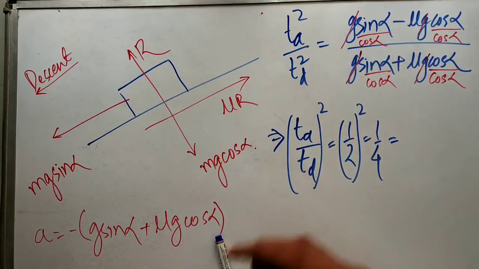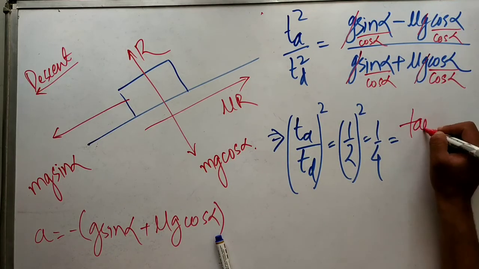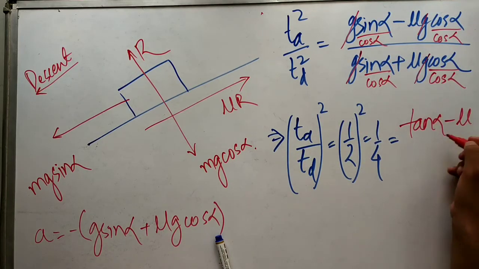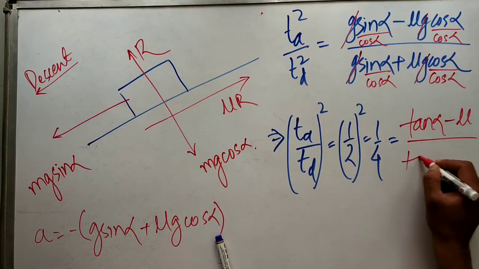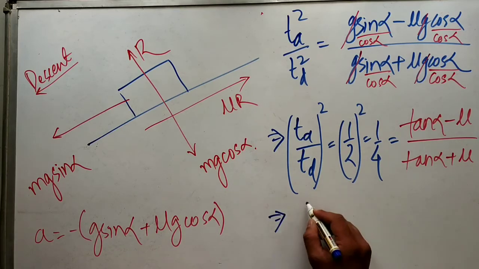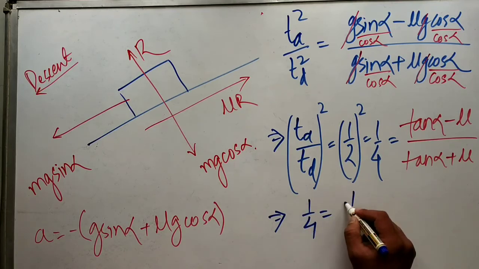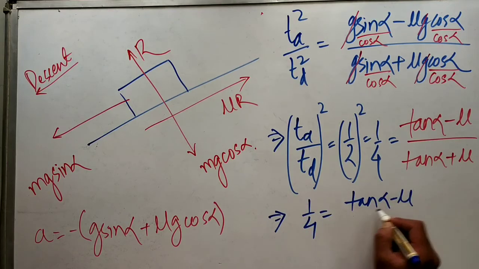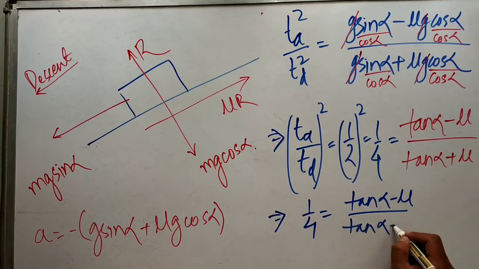This turns into tan alpha minus mu divided by tan alpha plus mu. So we have arrived at 1 by 4 equal to (tan alpha minus mu) divided by (tan alpha plus mu).